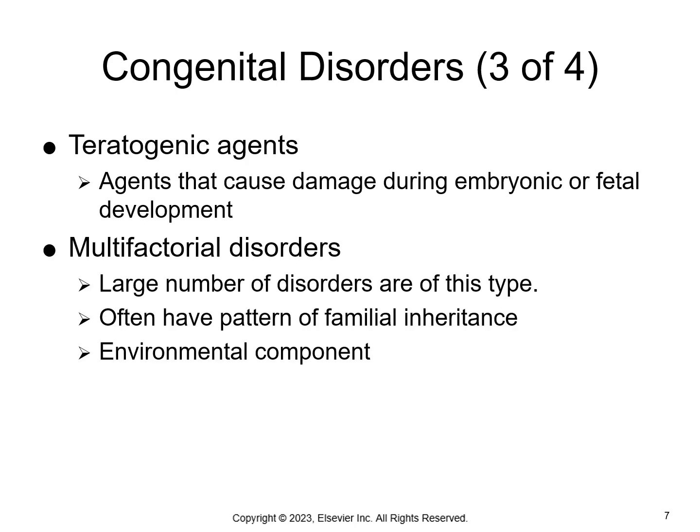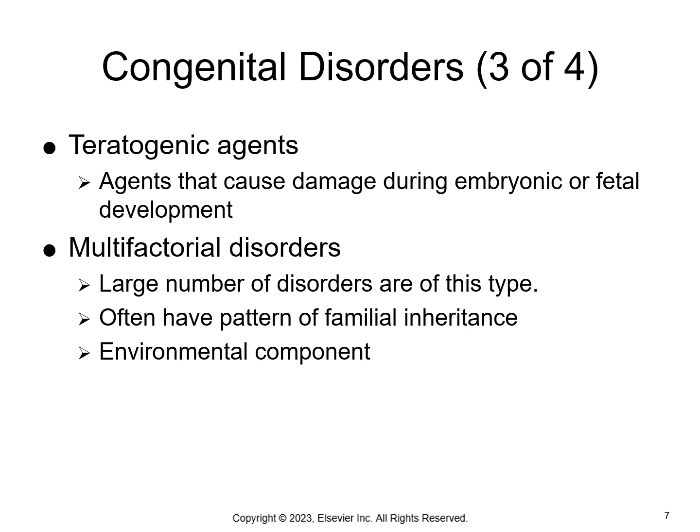Some other congenital disorders: teratogenic agents are agents that cause damage during embryonic or fetal development. This can be different things, like chemicals or other substances, that cause problems during fetal development. And multifactorial disorders are large numbers of disorders that often have a pattern of familial inheritance.